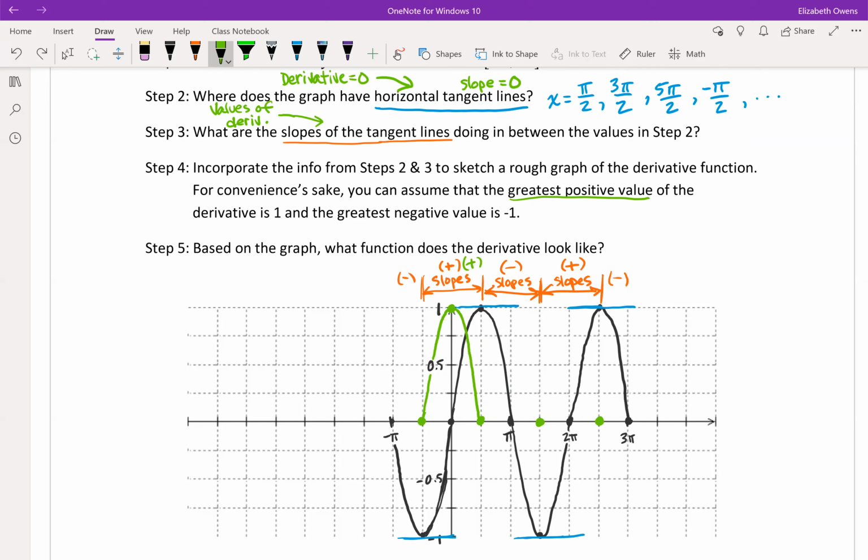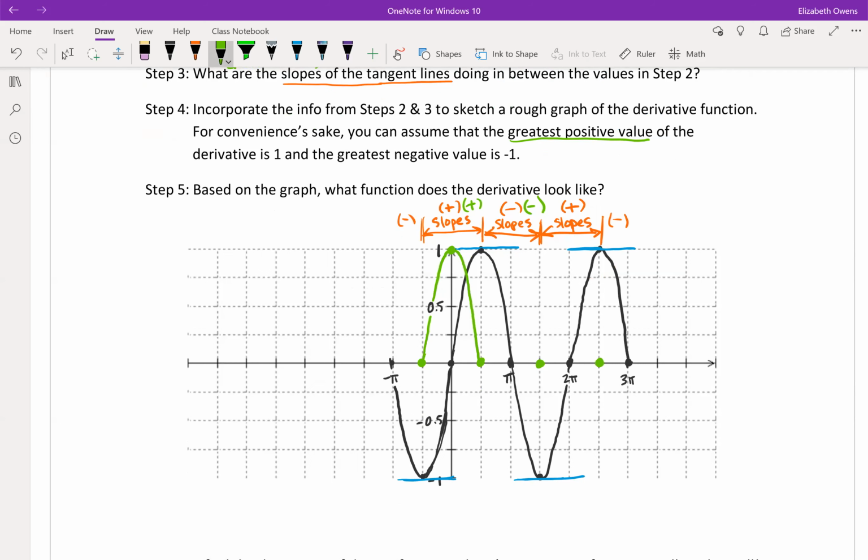Okay, now the next segment here, we're going to do essentially the same type of thing, but now the tangent line slopes are all negative. So our values of the derivative are going to all be negative. They start out negative, but not a very large negative, not super steep.